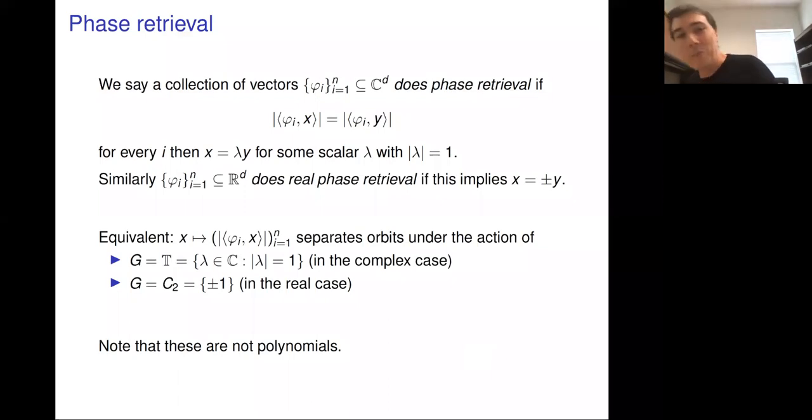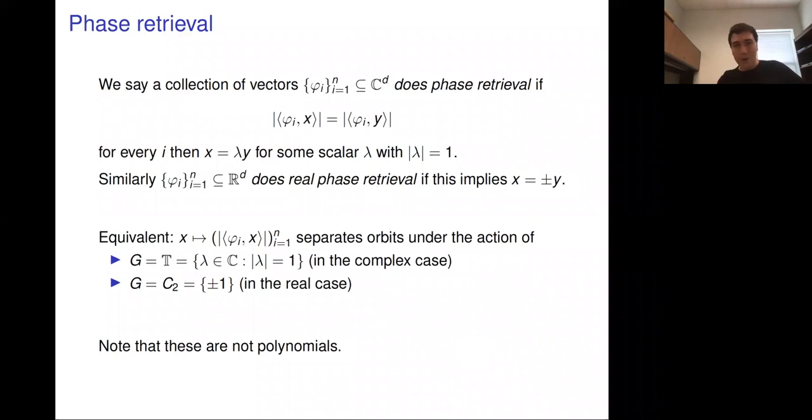So from that perspective, we can think of this as saying the mapping that sends x to this list of absolute values of inner products separates the orbits of the action of either this torus acting by scalar multiplication in the complex case, or this cyclic group of order 2 acting by scalar multiplication in the real case. And the observation to make here is that these absolute value functions are not polynomials. They're not that far off from polynomials, but they're not polynomials.